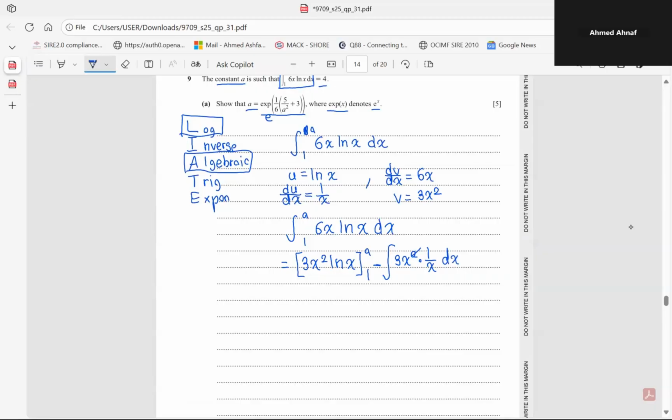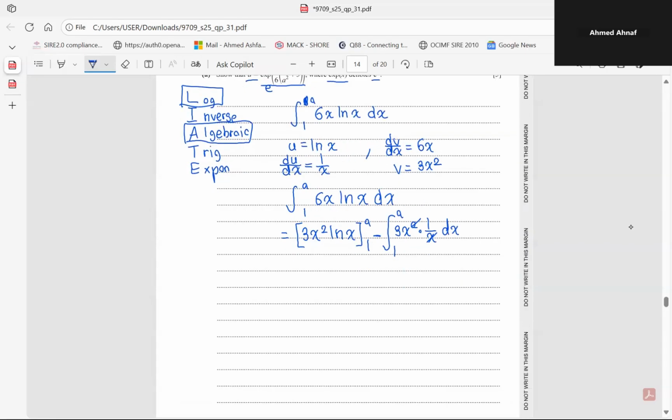So the x's cancel out, so you just have 3x dx, with limits a and 1. Okay, and now we're going to have to plug in the limits for the first part. So plugging in a, we would have 3a squared ln a. And then plugging in 1, we would have minus 3 times 1, which is 3, ln 1. Ln 1 is just 0.